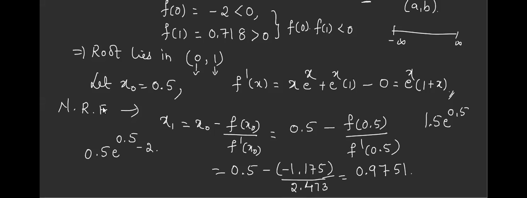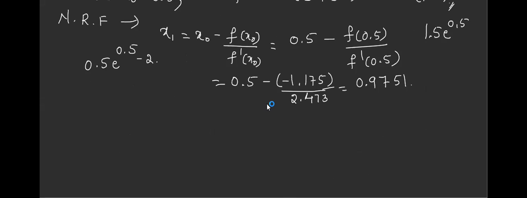The answer is 0.9751. Is this value between 0 and 1? Yes. Now this difference is very large comparatively, but let it be, because this is what we have chosen. In the beginning the difference will be more, but when you keep applying the method, it reduces. Will you be able to continue with this?